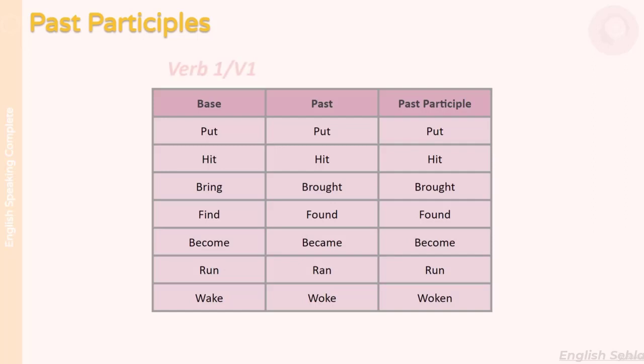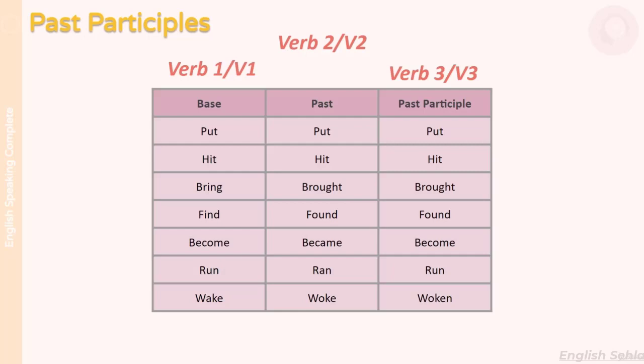At times, they are also called verb 1, V1, verb 2, V2, and verb 3, V3. So I may start referring to each form as V1, V2, V3, but also other teachers in the future or other resources may use this language. So just so that you are aware now.